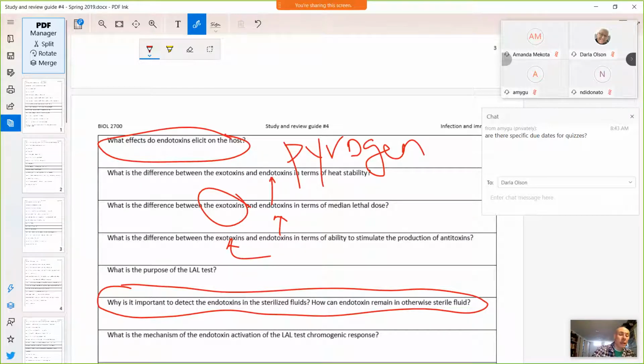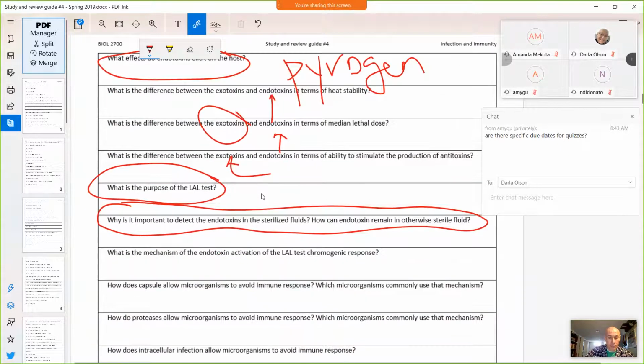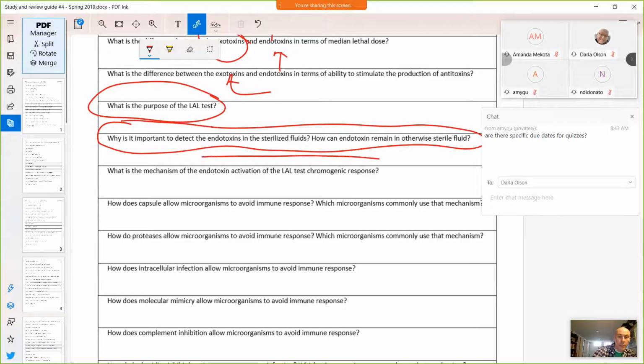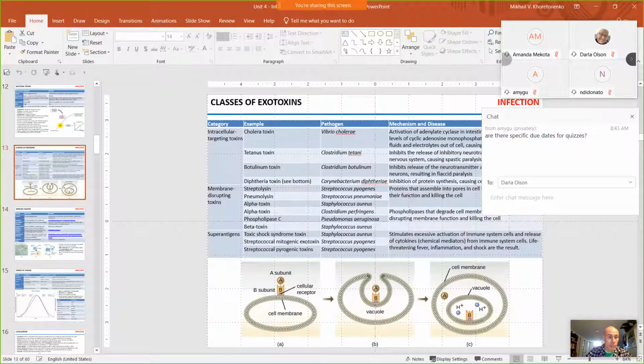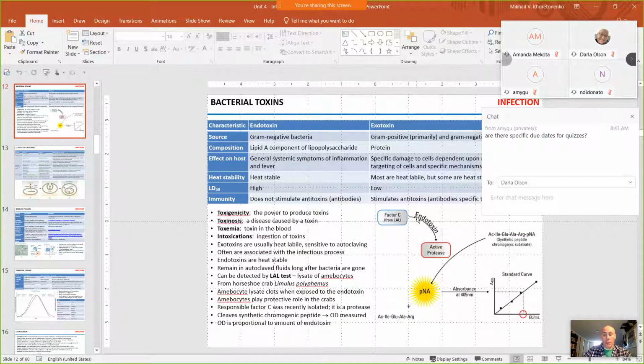So you use the LAL test to detect endotoxins. The idea of the LAL test that is used now is that endotoxin activates a recombinant enzyme called protease. The more endotoxin you have in a sample, the more protease is going to be activated.